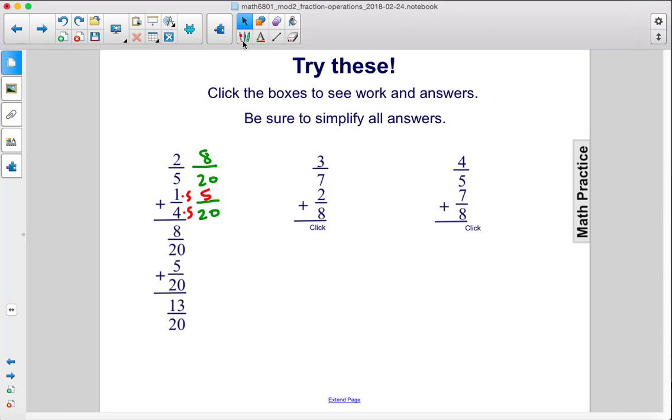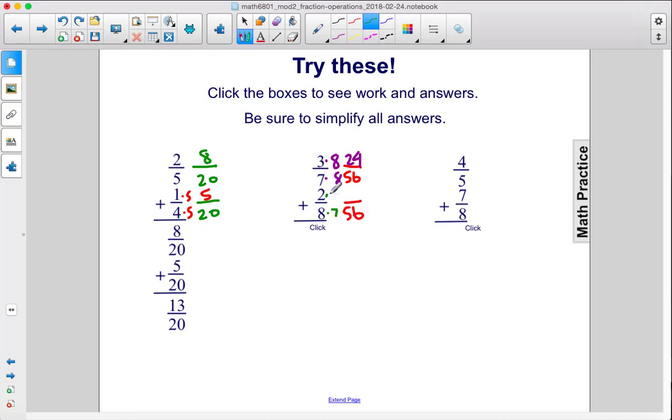All right, over here, we have 3 over 7 plus 2 over 8. So 7 times 8 is 56. So we have 56 for the denominator up here, 56 here. In order to get 56, you multiply 7 by 8. So if you multiply the top by 8, you get 24. Here, we had to multiply 8 by 7 to get 56.